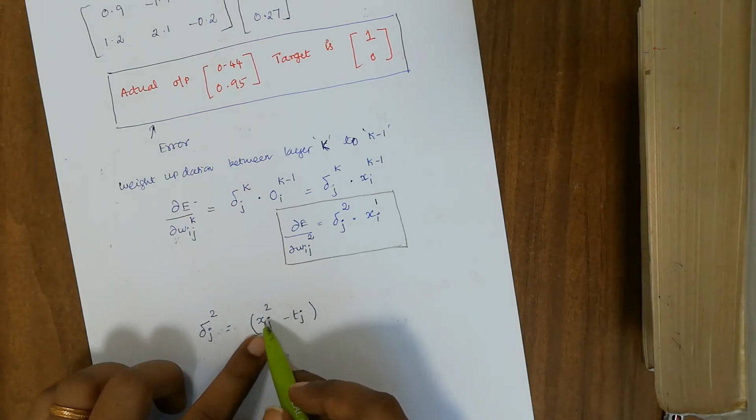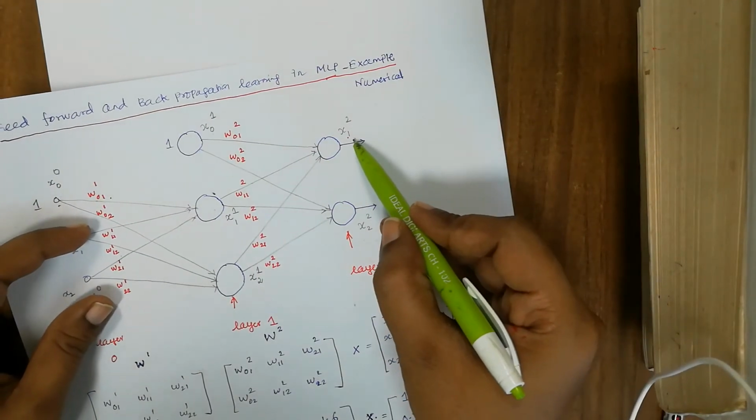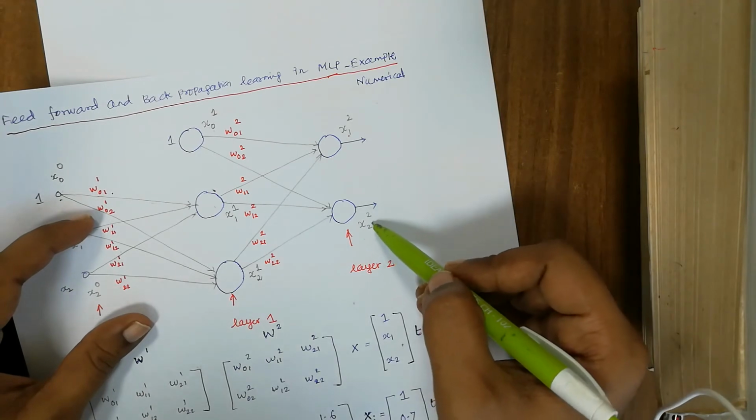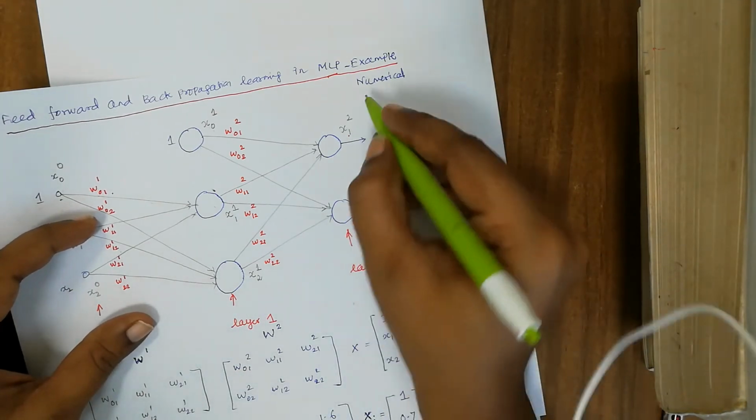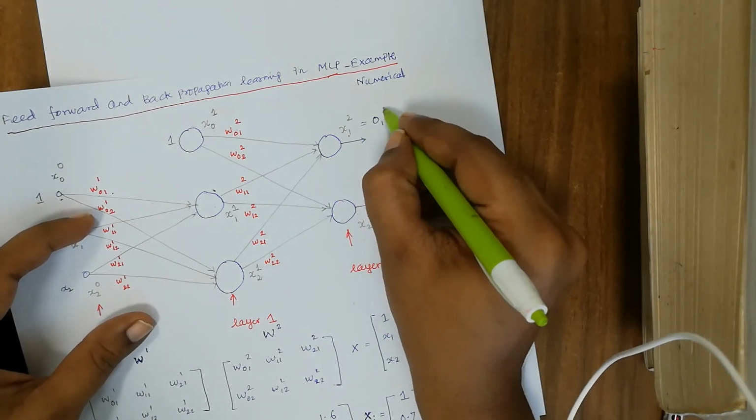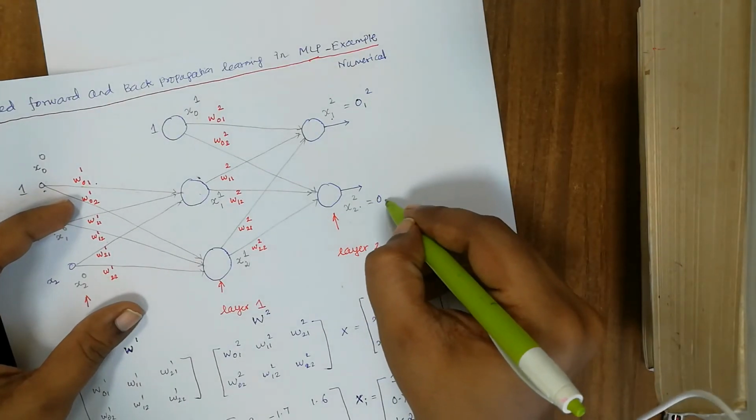This is the same as x_j^2, because we have written x_1^2 and x_2^2, the same as O_1^2 and O_2^2.